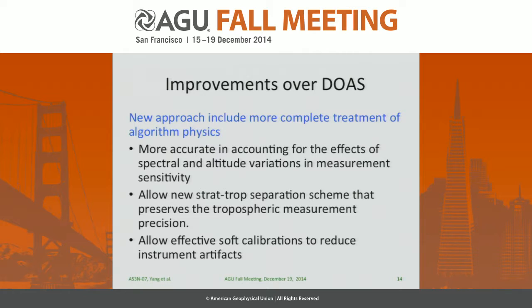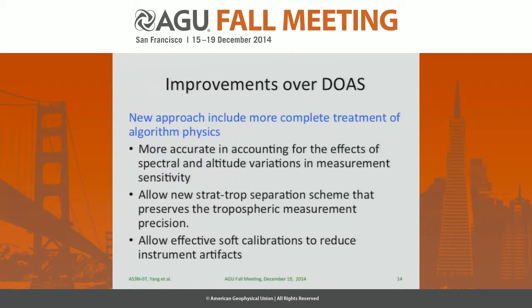So compared to that, we have obviously more accurate accounting in terms of the spectral and altitude variation of the air mass factor or the measurement sensitivity. But not only that, with the new algorithm, we are able to introduce a different strat and trop separation method.